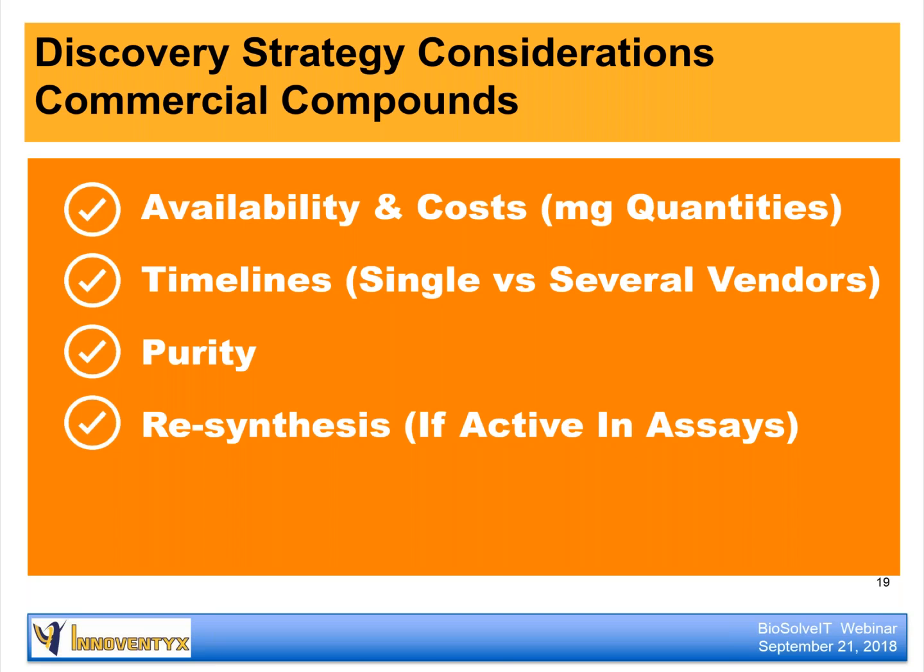Timelines for the acquisition is important, because if you are dealing with a single vendor or several sources, one might say, oh yeah, I'll give you these compounds in 1 week, and maybe you have another one that is going to say it's going to take 6 months or 6 weeks. So that is going to start impacting on how quickly you can actually get a hold of these chemical entities to use them in the lab for testing.